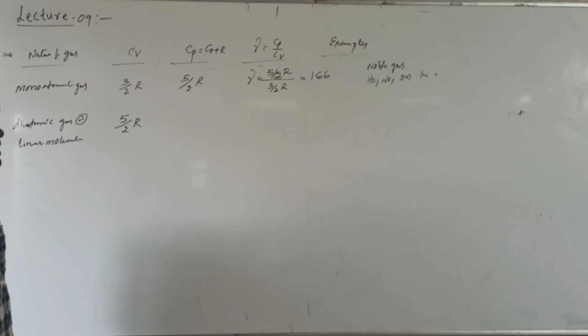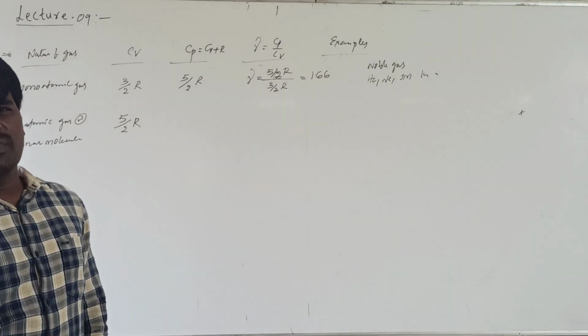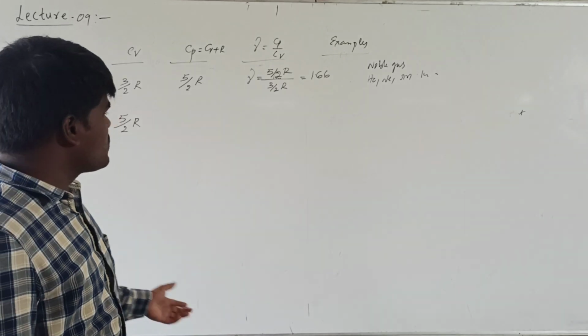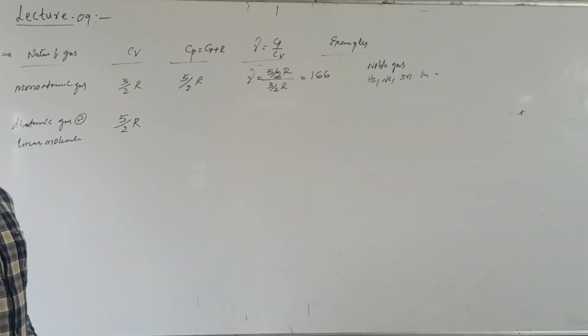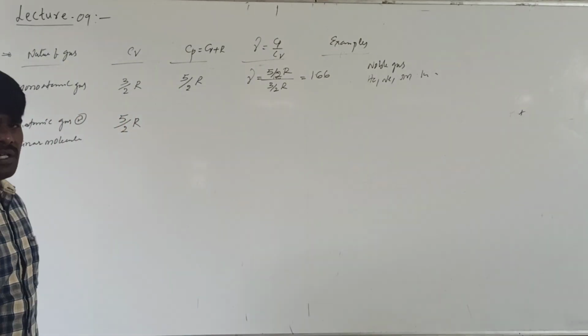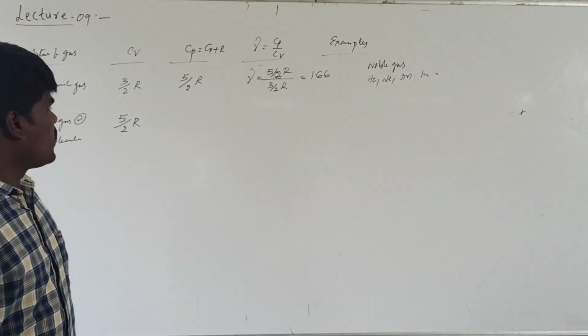In our syllabus we have only the ratio, gamma. The ratio of Cp and Cv is called gamma, and this gamma value can be asked for the various substances. It is very simple. We have only 3 categories: monatomic, diatomic and polyatomic.